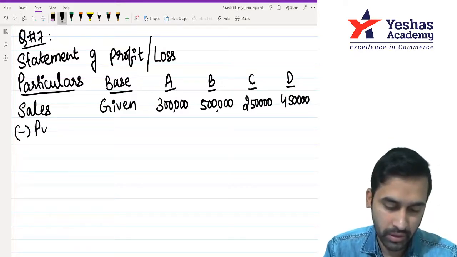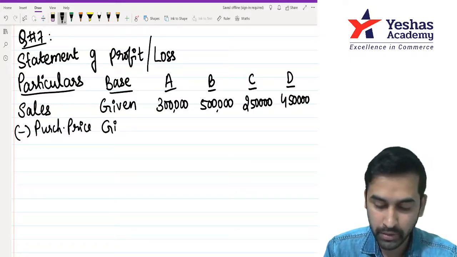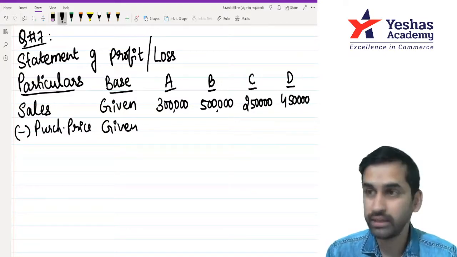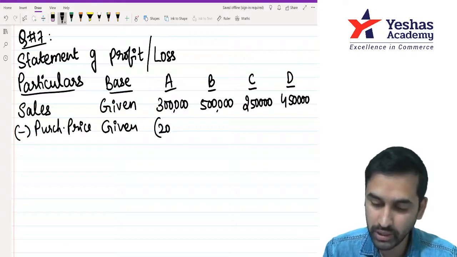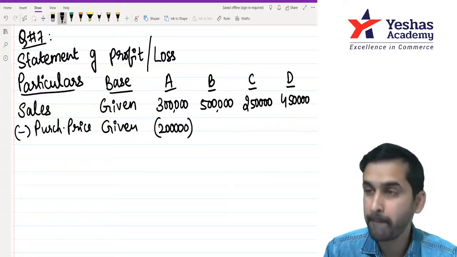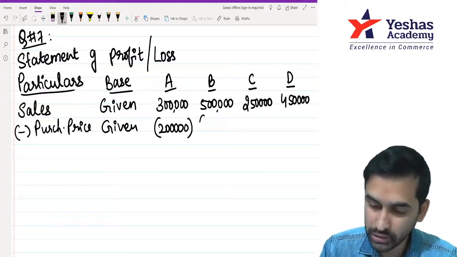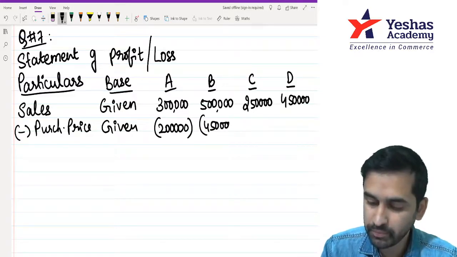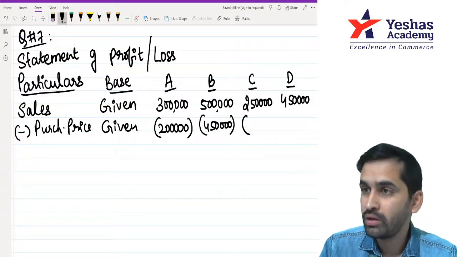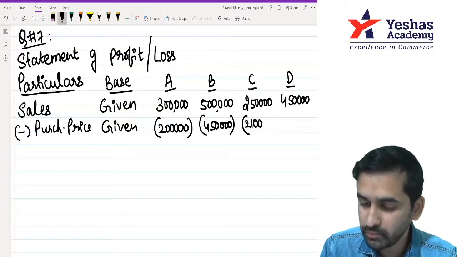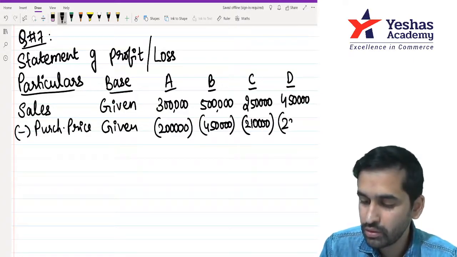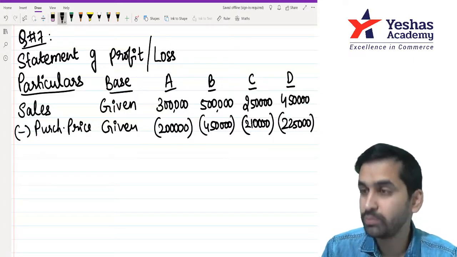Minus purchase price, which is also given. Yeah, minus 2 lakh, 4 lakh 50,000, 2,10,000, 225,000.